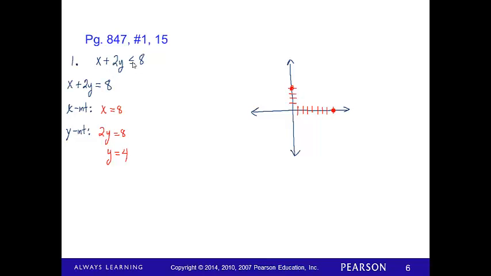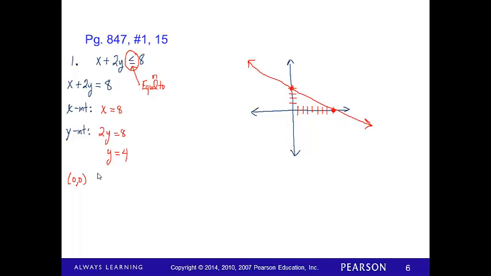The next thing we need to do is look at the inequality symbol. It says less than or equal to. Because we have that or equal to, we know we're going to have a solid line. Go ahead and extend out and put arrows. Then the last thing we need to do is a test point. My test point is going to be 0, 0, because it's available to us.